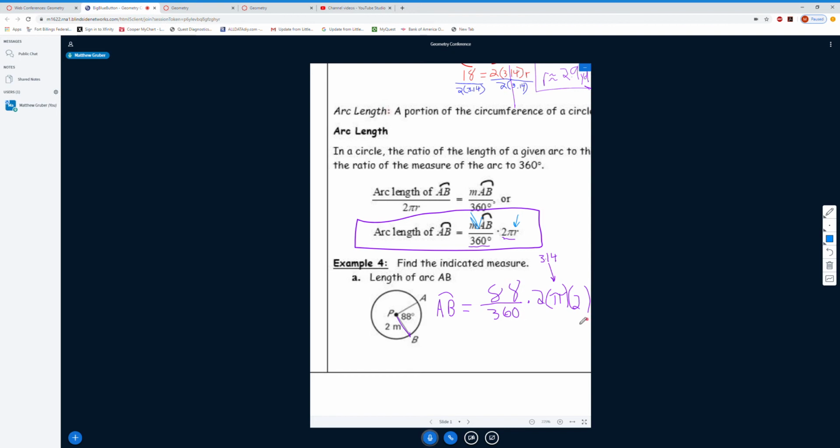I know it's a little tedious, but make sure you do it right. 88 divided by 360 times 2 times 3.14 times 2, and you get arc AB is approximately 3.1 meters. So the length from here to here is 3.1 meters. In chapter 10, we found the degree measure. Now we're finding the actual length.